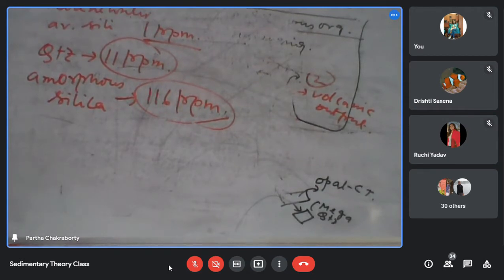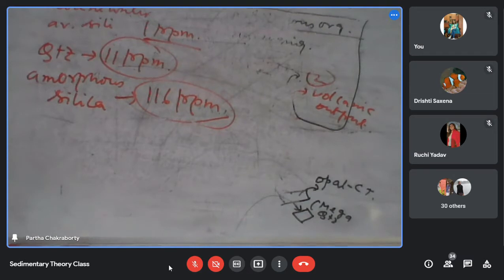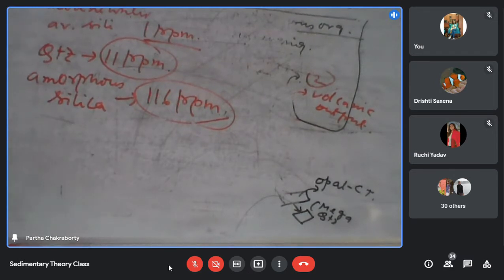So what is the meaning of that? The meaning is seawater is largely silica undersaturated. Then the question is, if it is undersaturated, who is removing the silica?